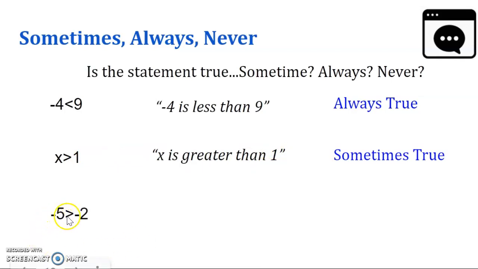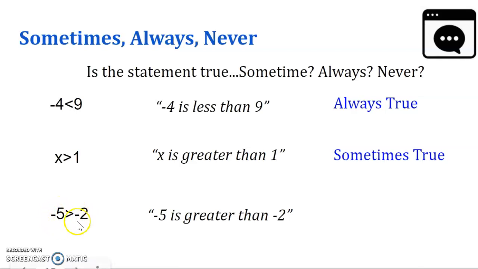What about negative 5 is greater than negative 2? We read that as negative 5 is greater than negative 2. Is that sometimes true, always true, or never true? Well, negative 5 and negative 2, which is the bigger number? When we say bigger number, we're not talking about the number itself, we're talking about more positive.